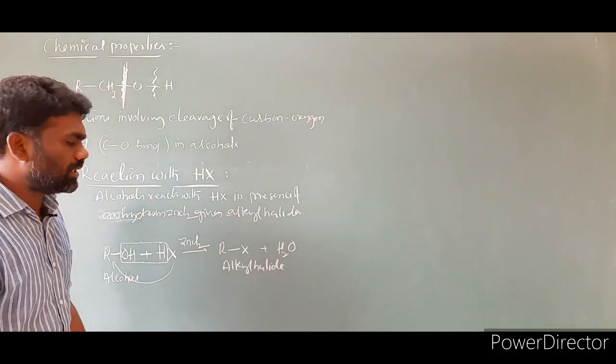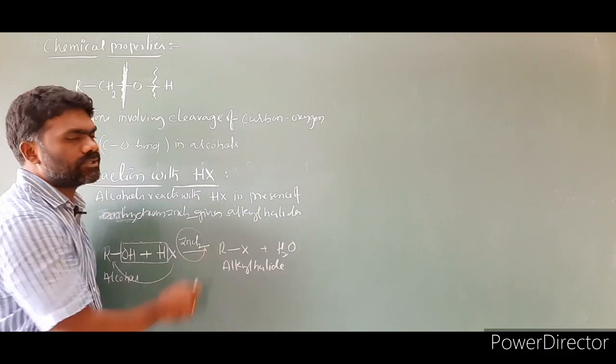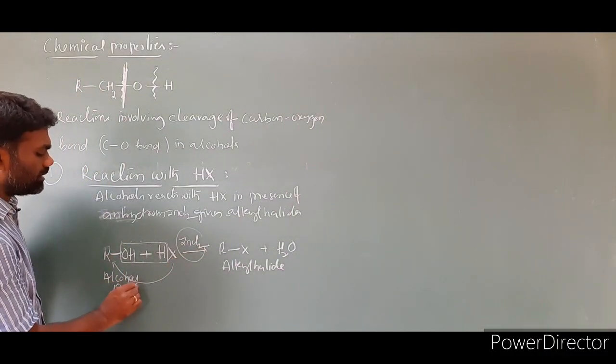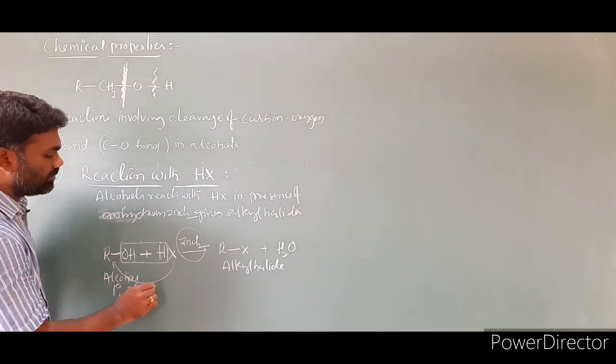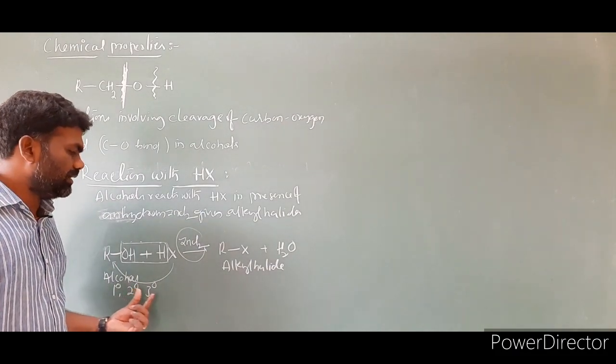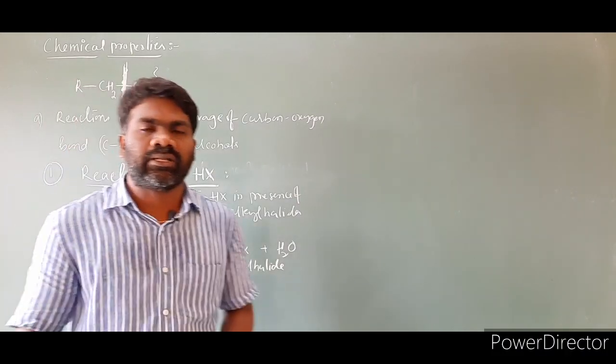In the case of tertiary alcohol, the product will be formed even without ZnCl2. The alcohol may be primary, secondary, or tertiary. We can take primary alcohols, secondary alcohols, and tertiary alcohols also.